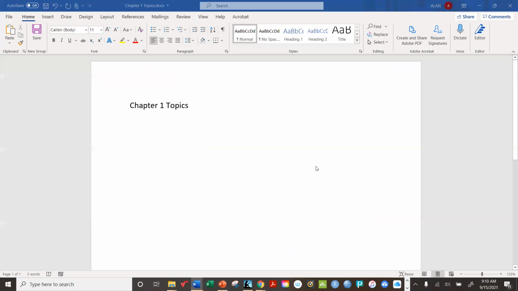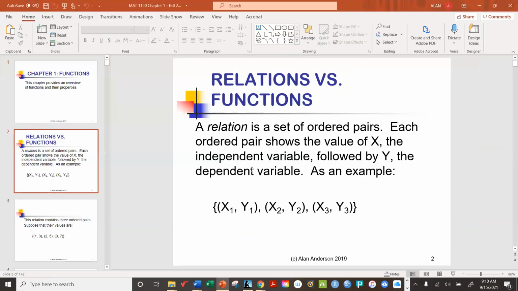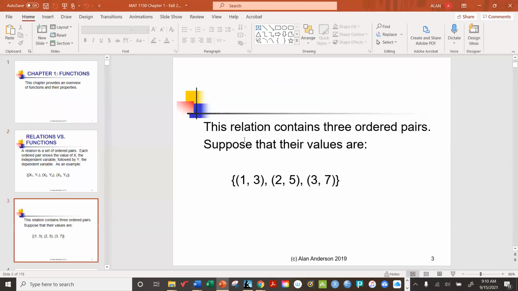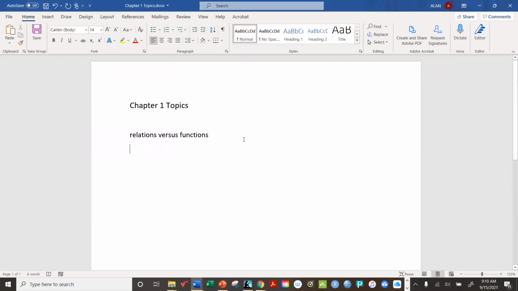All right, so let's see, what have we done? So relations. Some of these are pretty straightforward. If you actually went to the internet and typed in relations versus functions, you should probably be able to find what you need. So let's see. Finding the domain of a function.